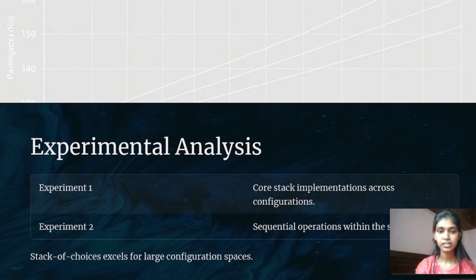The stack of choices implementation performed better when there were more configuration options, thanks to its ability to share values across configurations. In the second experiment, we focused on how well stacks handle sequential operations in the same context. Here, the buffered stack optimization proved to be very effective, especially with the choice of stacks design.